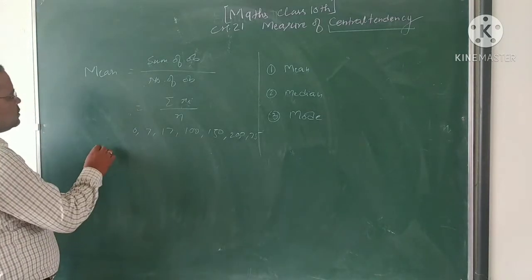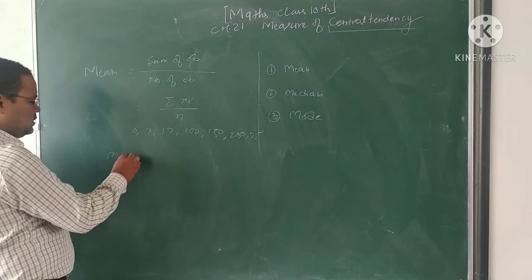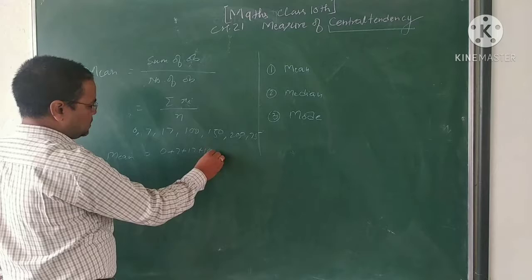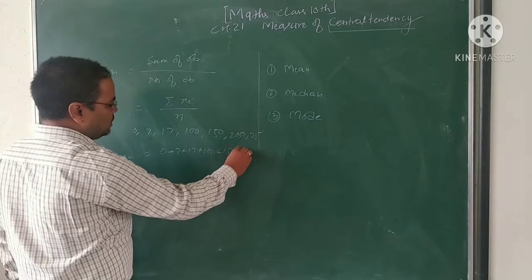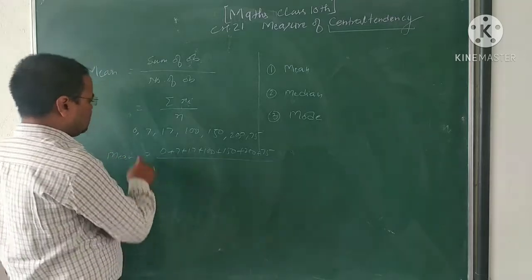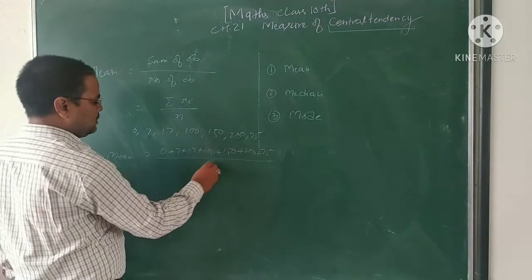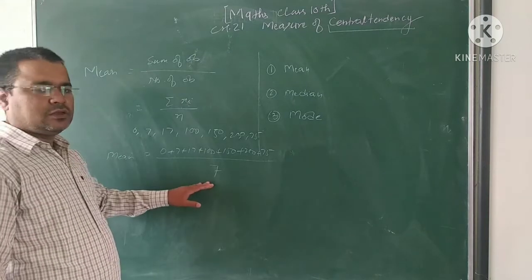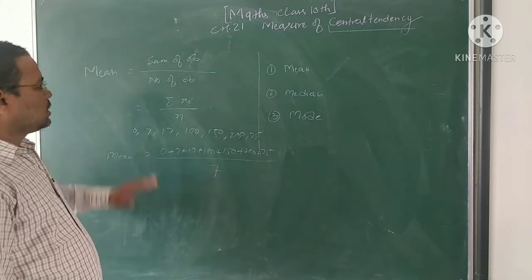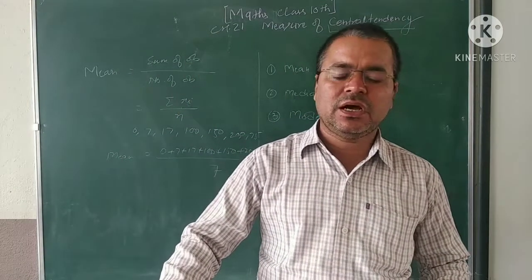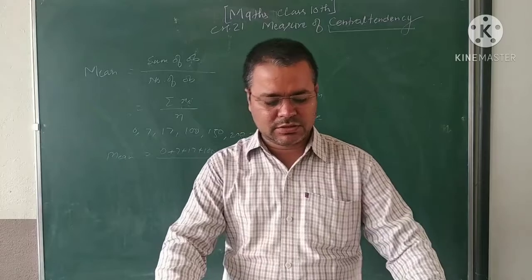So in this case, mean is equal to 0 plus 7 plus 17 plus 100 plus 150 plus 200 plus 75 upon 1, 2, 3, 4, 5, 6, 7, the number of observations. So using this formula in class 9 we find the mean of the given observations.